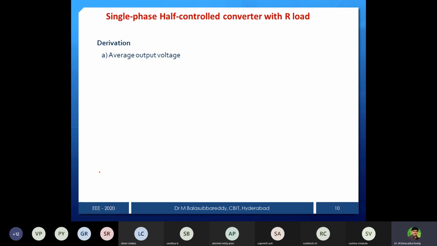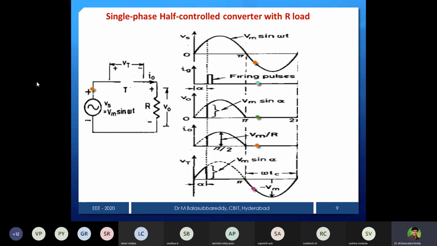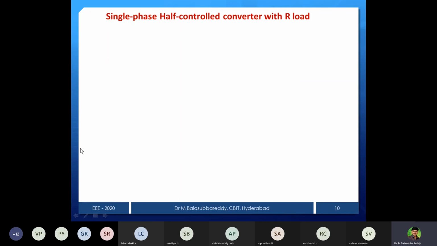Average voltage, average current, RMS voltage, RMS current, then ripple factor, form factor, input and output powers, then efficiency, and transformer utilization. Suppose you connect a transformer instead of connecting directly; there is a primary, and here you can connect the secondary as the source. So now the transformer utilization factor. All the parameters you can derive from the plots.